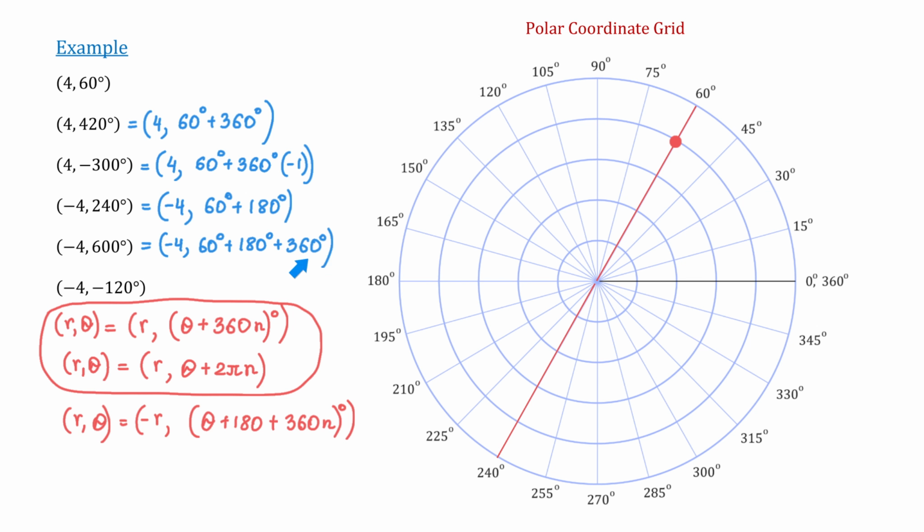So again, in this case, we can say that n is 1. And now in the last example, r is negative 4, and then negative 120 degrees is 60 degrees plus 180 degrees, and then plus 360 degrees multiplied by negative 1. As you see, in this case, n is negative 1.